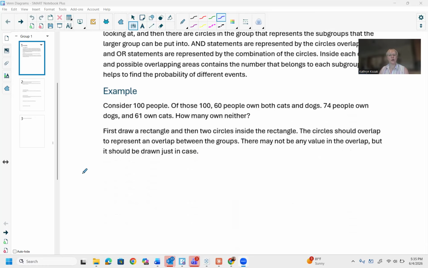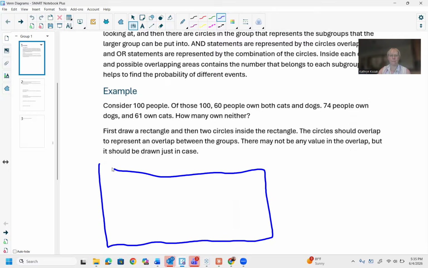So first we're going to draw a rectangle, and then two circles inside the rectangle. The circles should overlap to represent an overlap between the groups. There may not be any values in the overlap, but that should be drawn just in case.